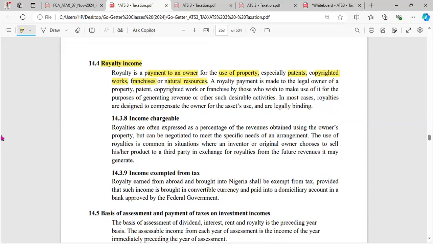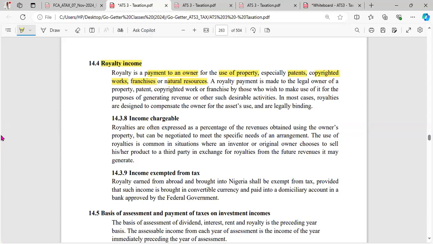Now this is different from rent. Let me show the difference. Let's say I have something I'm giving out for let. Let's say my Zoom account, I am renting it.